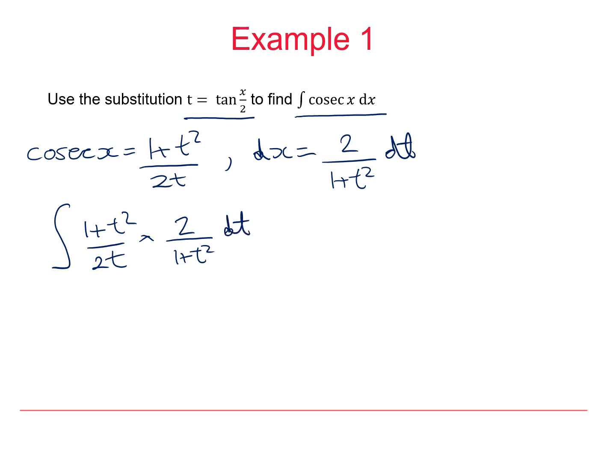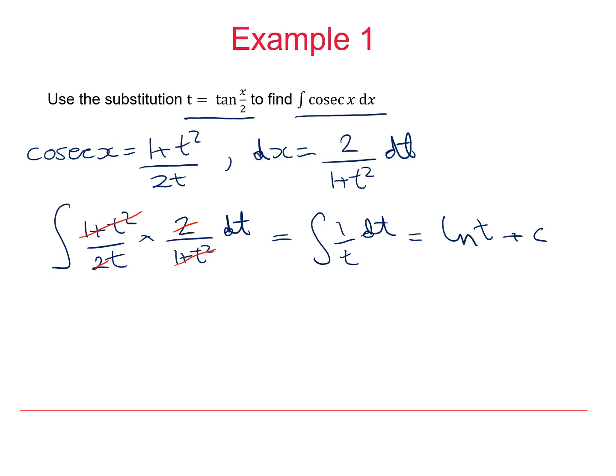I can see straight away that I can cancel out the 1 plus t squared terms and the 2. So this is going to lead to the integral of 1 over t dt. And if I evaluate that, that is going to be ln t plus the constant of integration.